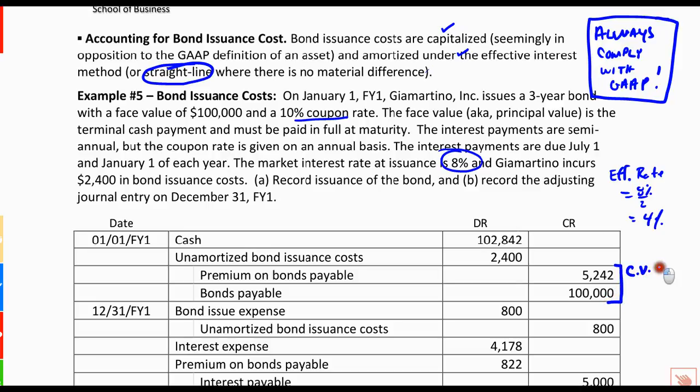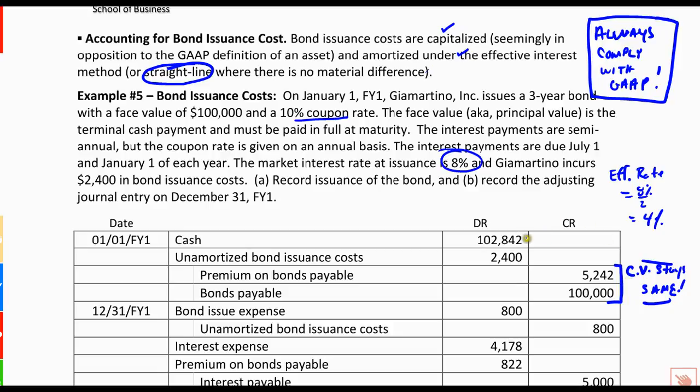CV stays the same. So don't touch it. When there are bond issue costs, your schedule won't change, your premium or discount at origination doesn't change. This is the thing to not make complicated. Don't touch the carrying value of the bond.